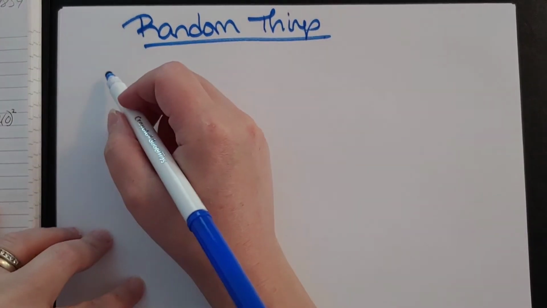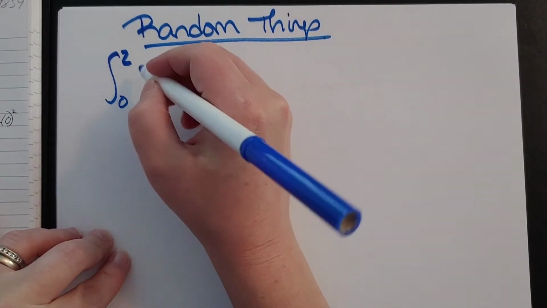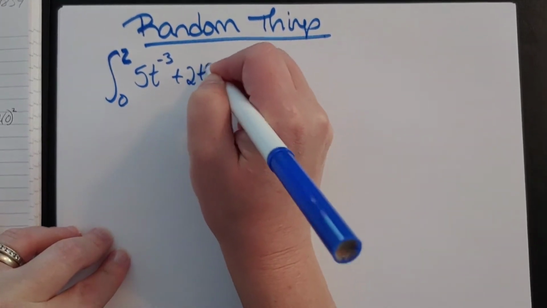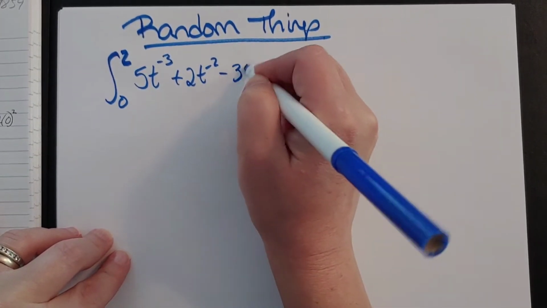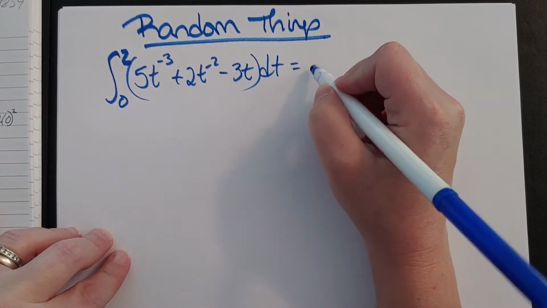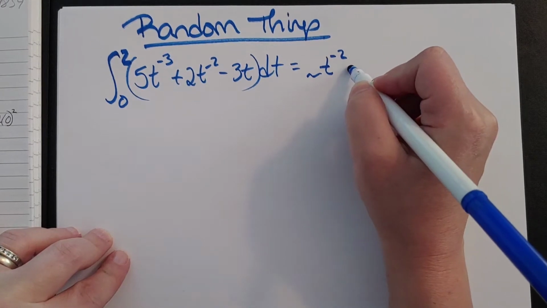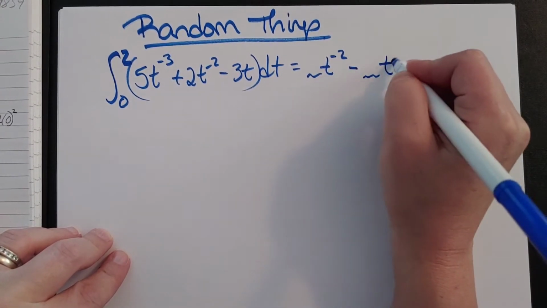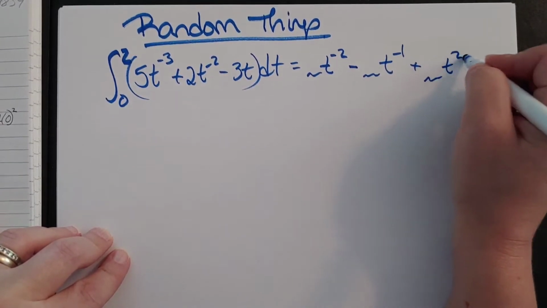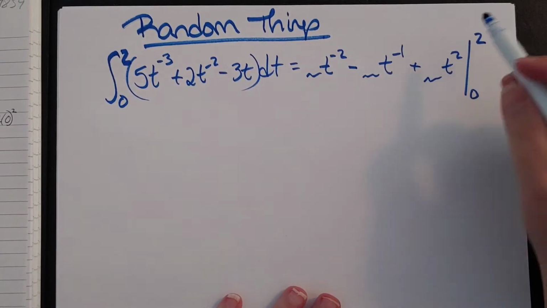Okay, on your math for AP Physics C, you had an integral from 0 to 2 of some stuff like this. You end up with something like t to the negative 2, something t to the negative 1, and then something t squared, and you're supposed to evaluate it from 0 to 2.